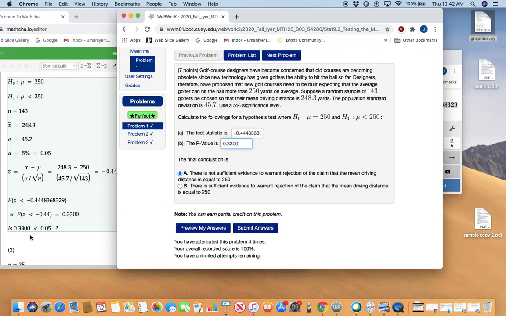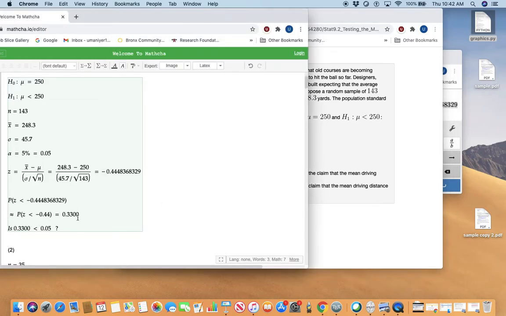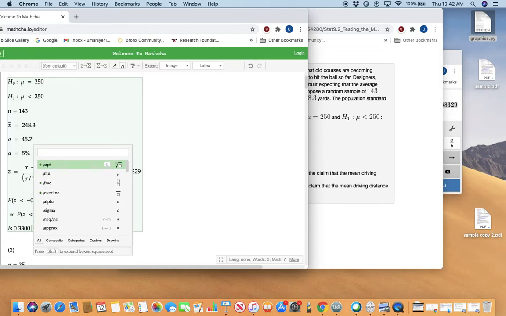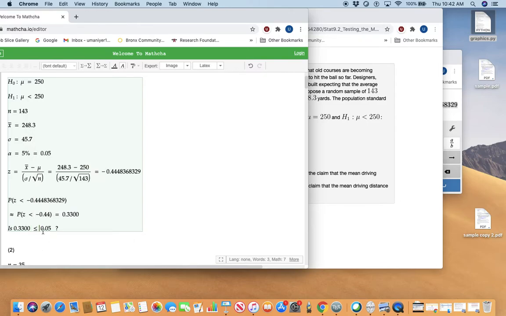Now, is this p-value, 0.3300, less than or equal to 0.05? What is this? Level of significance, that's alpha. Is this less than or equal to this? No, right? Because the p-value is not less than or equal to 0.05, we cannot reject H sub 0.